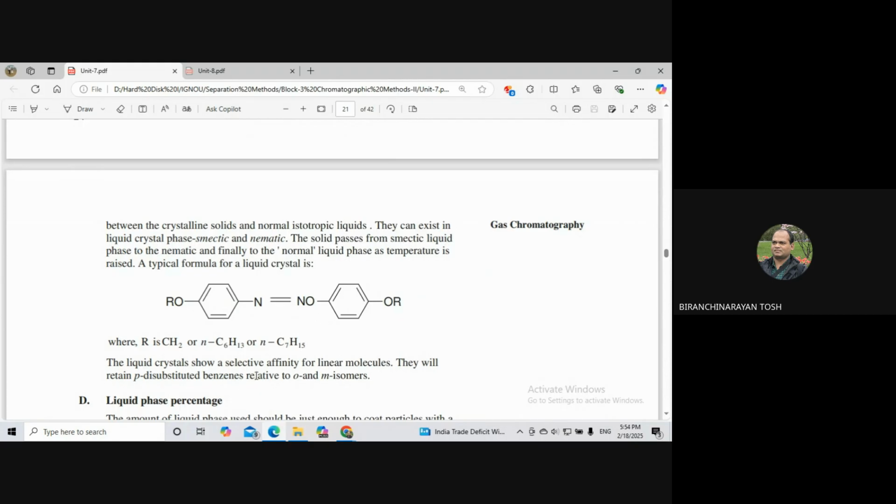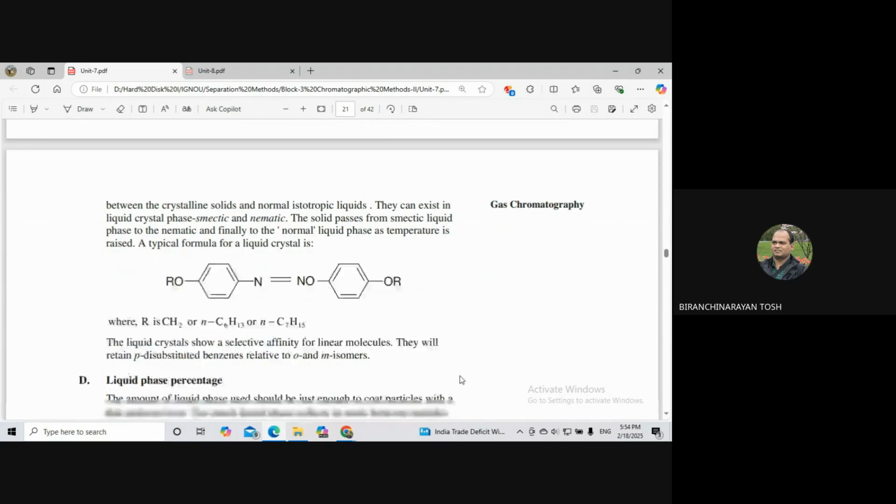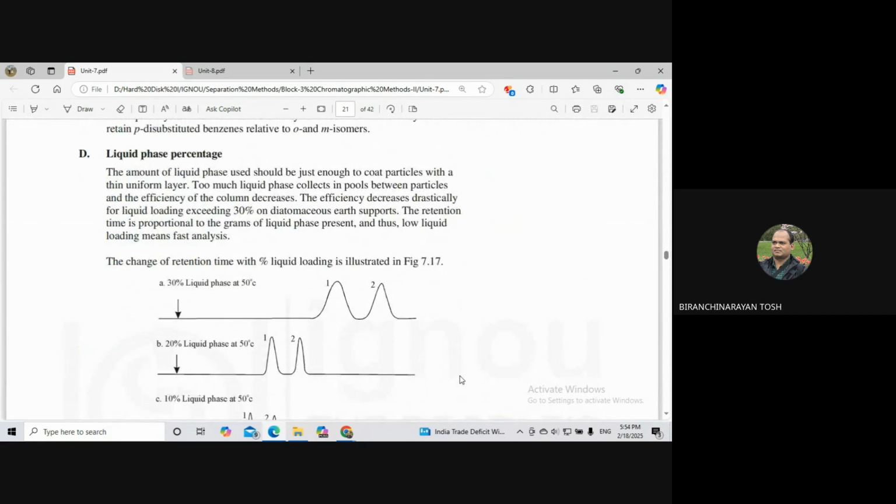The liquid crystals show a selective affinity for linear molecules. They will retain para-disubstituted benzene relative to the ortho or meta isomer. The amount of liquid phase used should be just enough to coat the particles with a uniform layer. The change of retention time with percent liquid loading is illustrated here.